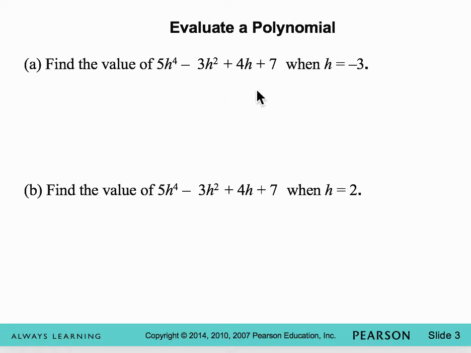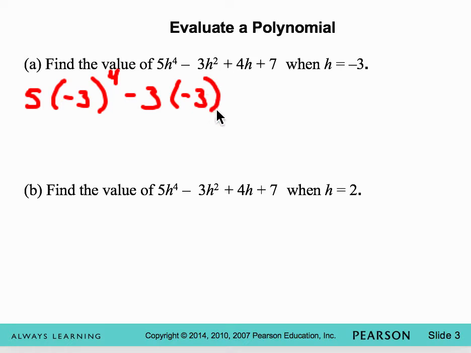So if it says when h is negative 3, that just means I'm going to rewrite this, but every time there's an h, I'm going to replace it with negative 3. And now, when it's all numbers, I can just do my math.